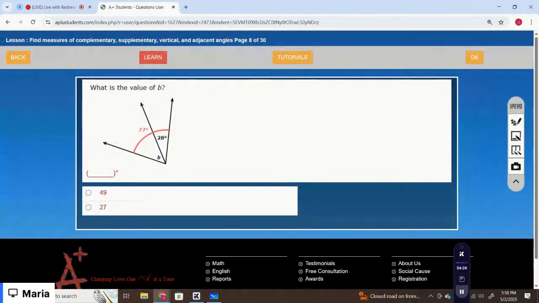Okay, the next one is what is the value of B, which is the correct option?